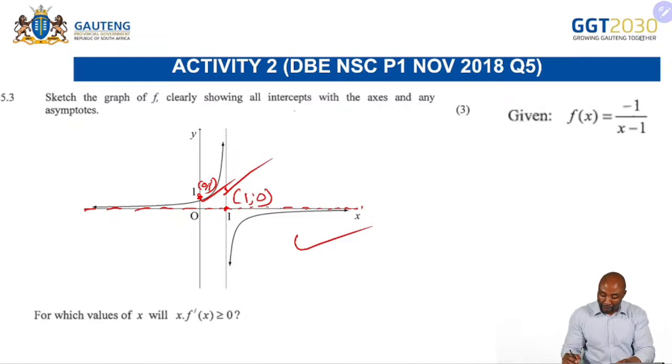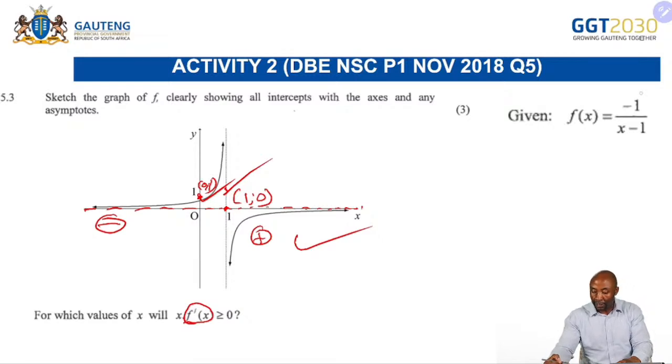If you look at it, on the left before our y-axis, we know that our x values are negative. On the right, we know that our x values are positive. Now, the challenge is getting that part, because you are not going to multiply x times the first derivative of that.